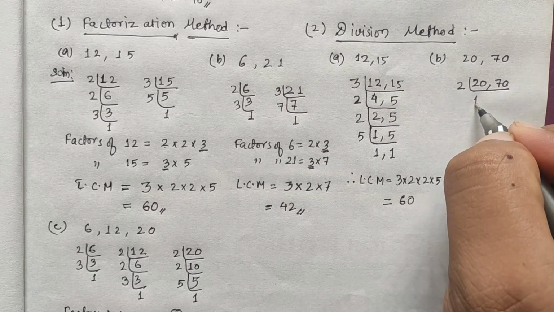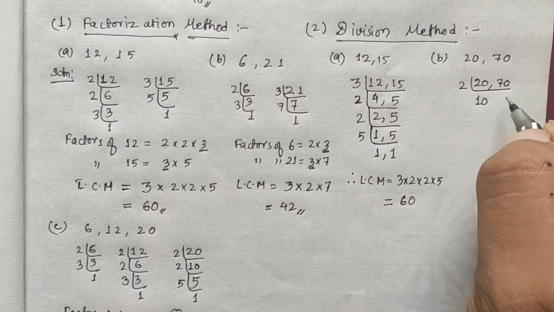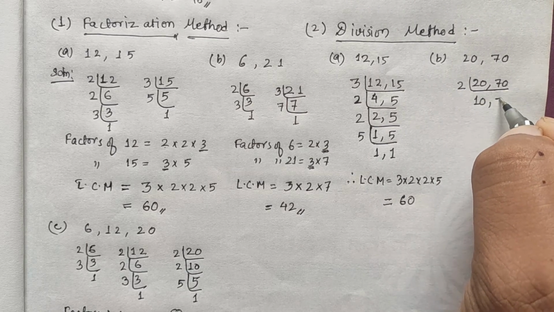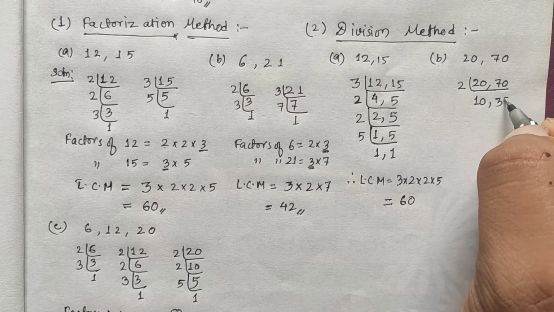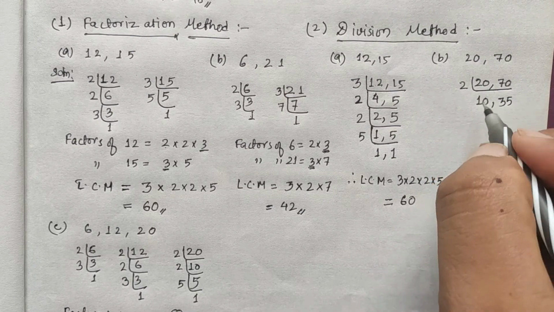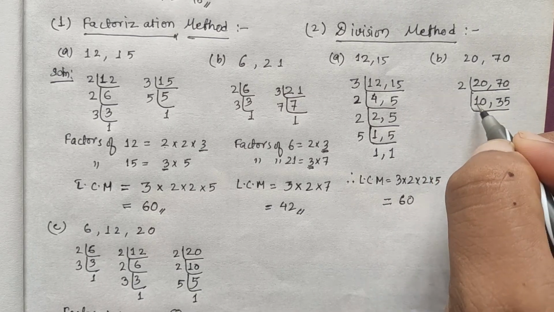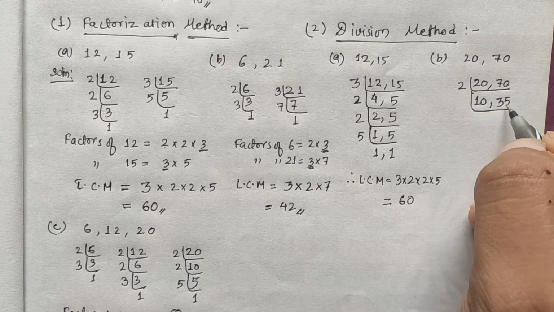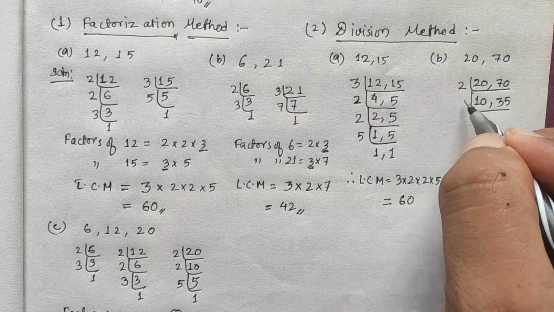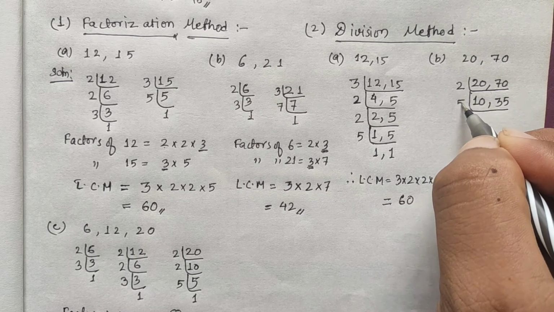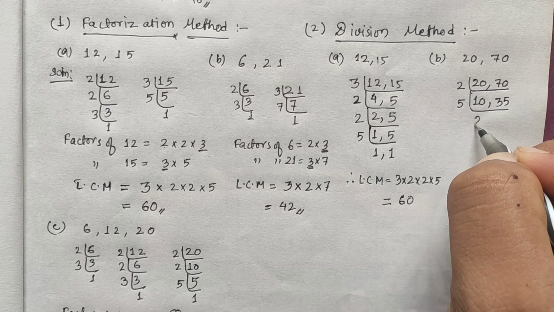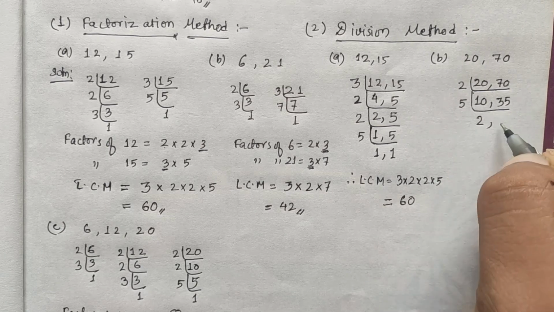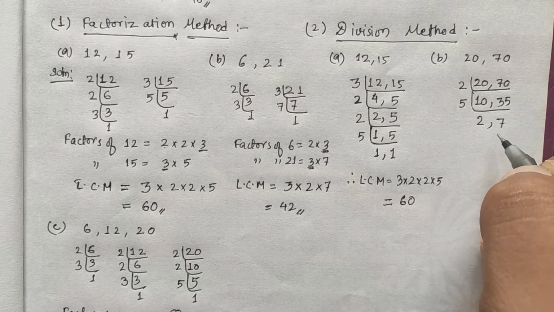Okay, so 2 times 10 is 20, 2 times 35 is 70, and 1 remains here, it becomes 10, 2 times 5 is 10. Okay, 35. Now 10 is divisible by 2, but 35 is not divisible by 2. So we can take a number that divides both of them, that is 5. 5 divides 10 and 35 exactly. So 5 times 2 is 10, 5 times 7 is 35.